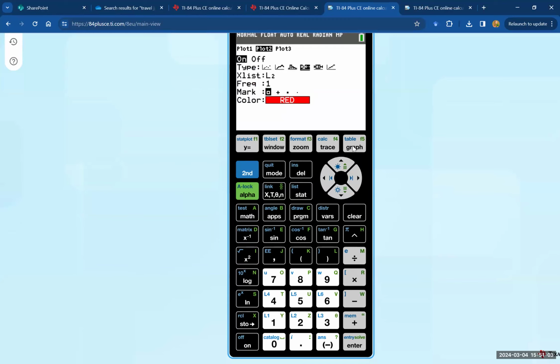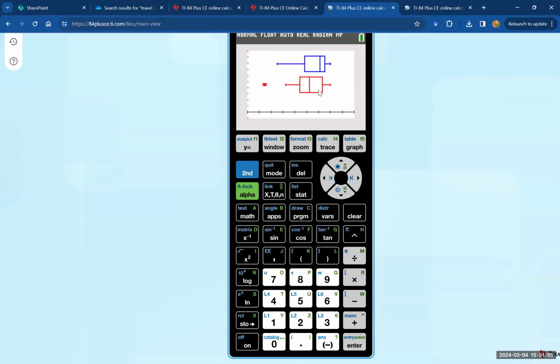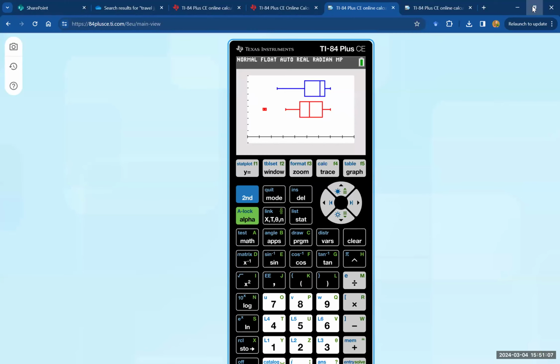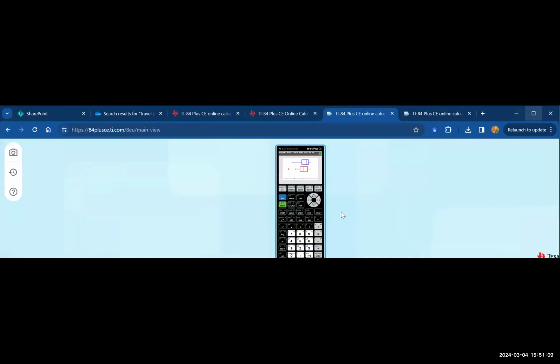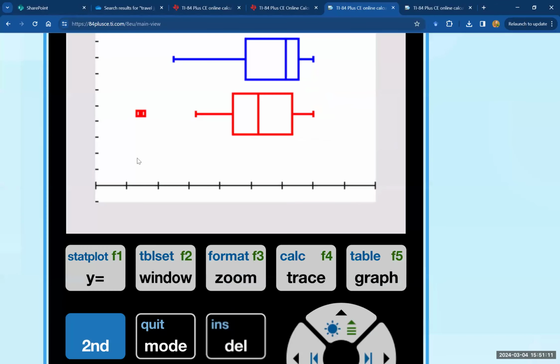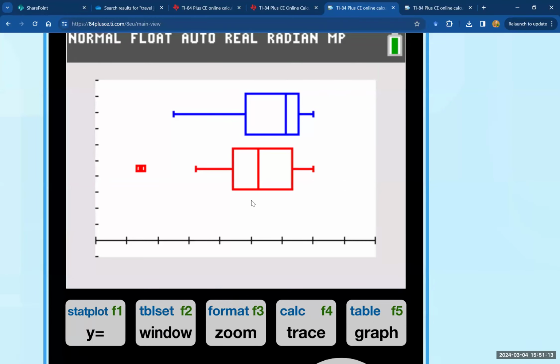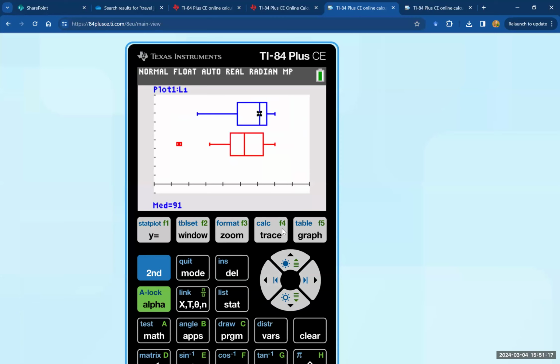Now when I look at it, I can see both of them, and there are some interesting things going on. For example, you see there are some outliers over here. You can hit the trace key and notice, for example, you can calculate the interquartile range, which in this case would be 93 minus 74.